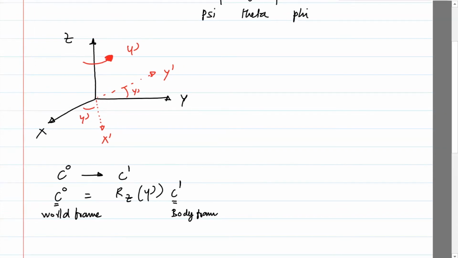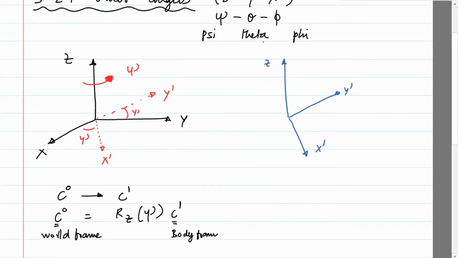So now we can just do this process again. So what I'm going to do next is draw the new X prime, which is shown here, the new Y prime, which is shown there, and then keep the Z, right? So Z is the same. Okay, now let's do a rotation by an angle theta about the Y axis. Again, you need to go counterclockwise about the Y axis. Okay, and so this is really hard to draw.